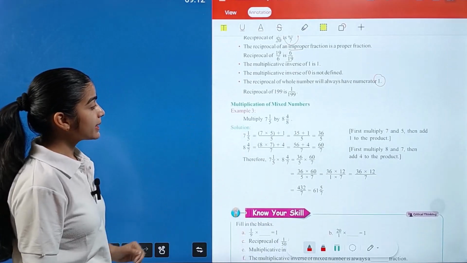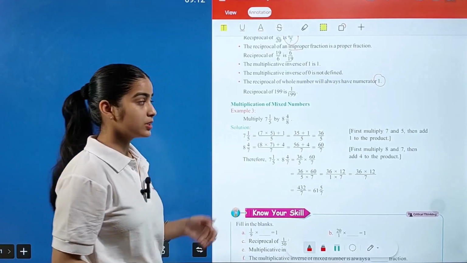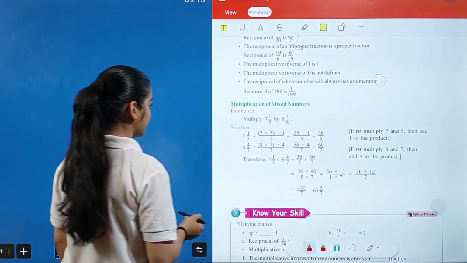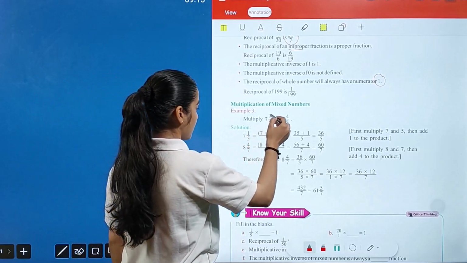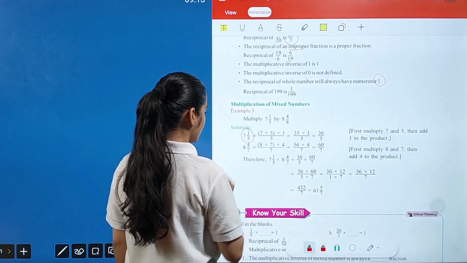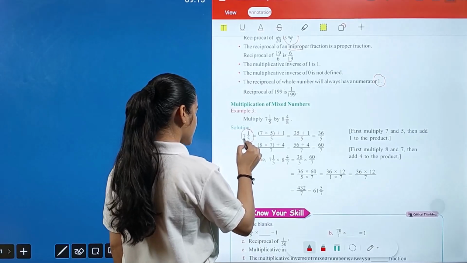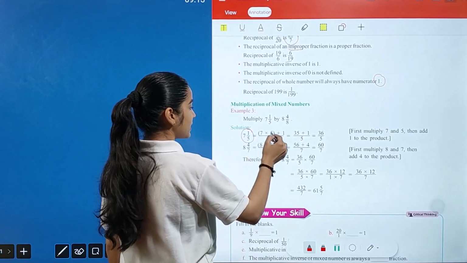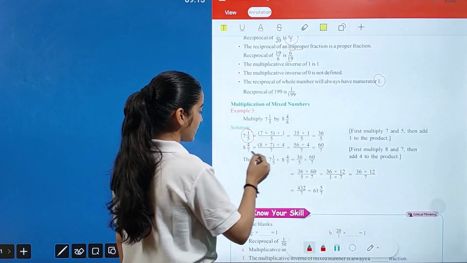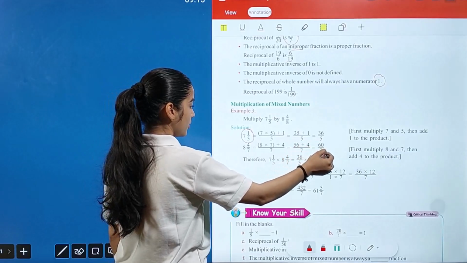Now, multiplication of mixed numbers. First we have to convert these mixed numbers into improper fractions, then we can multiply. For example, we have the numbers 7 and 1 by 5, and 8 and 4 by 7. So first we have to change them. 5 multiplied by 7 is 35. 35 plus 1 is 36 upon 5. 8 sevens are 56. 56 plus 4, 60 upon 7.